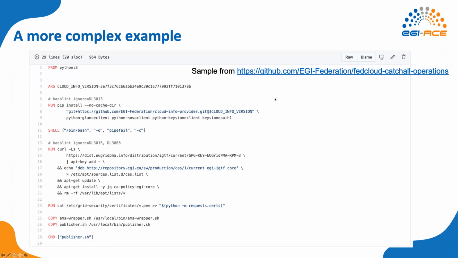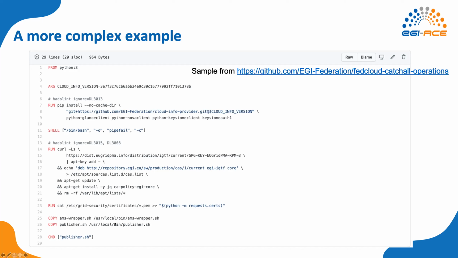This is a real example of one container we're using for the operation of some components on the EGI Cloud. Again, this is a Python application, so starting from Python 3, but here we have some installation of Python libraries. We are changing the default shell. We are running some commands. In this case, this is getting the IGTF CAs and installing them into the machine.